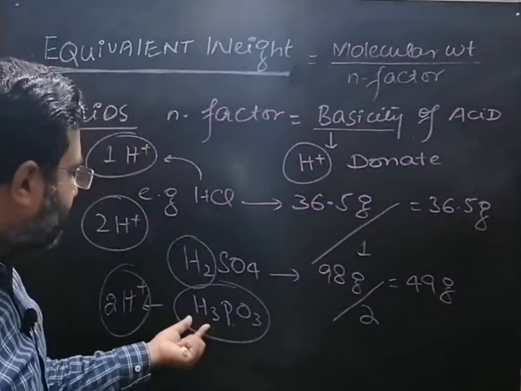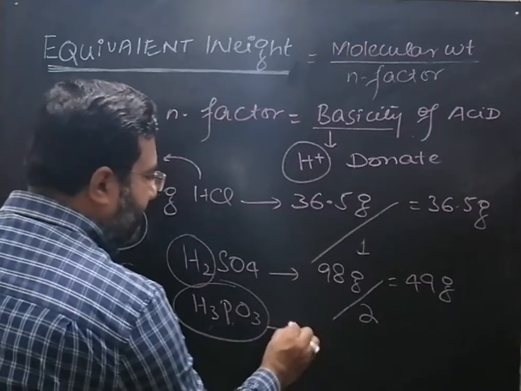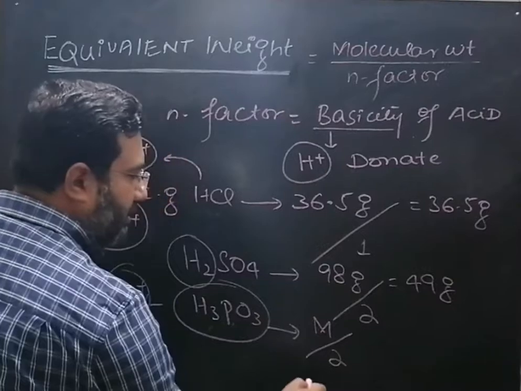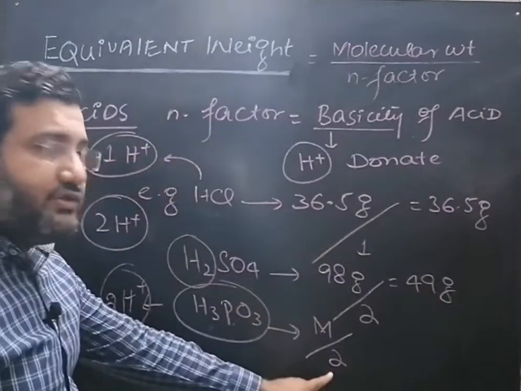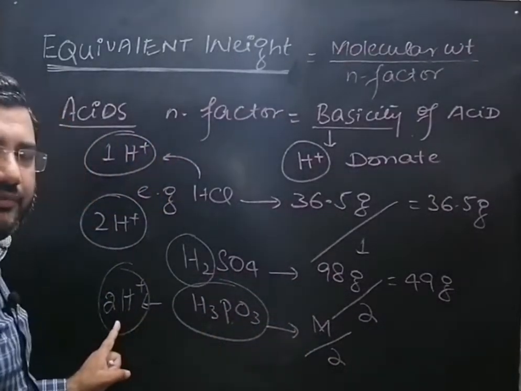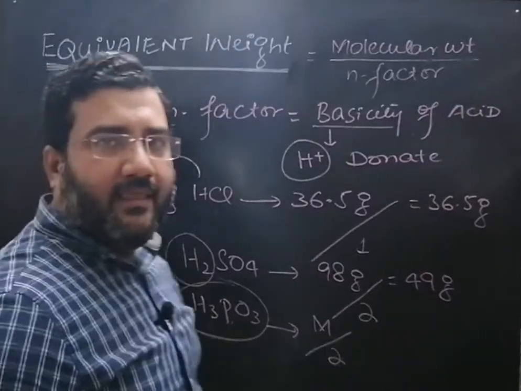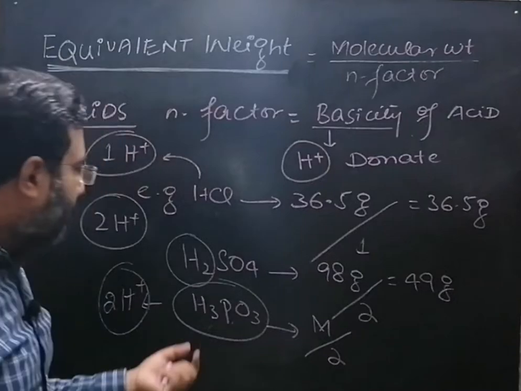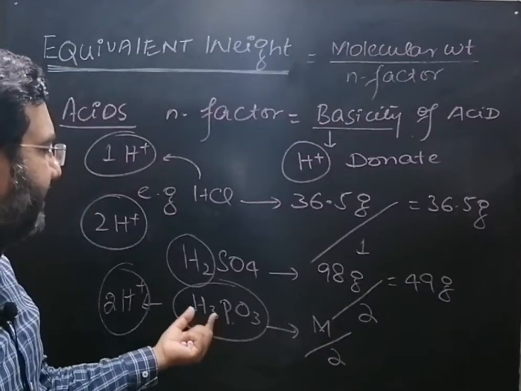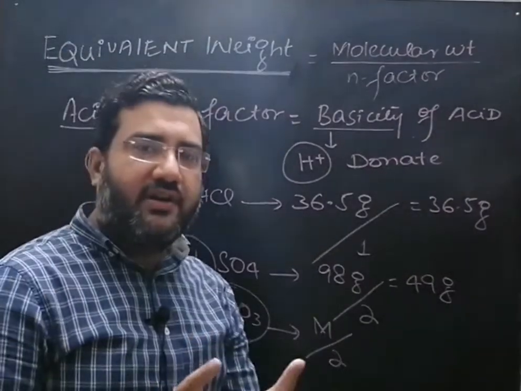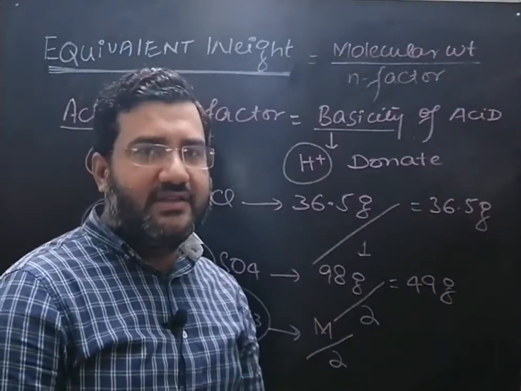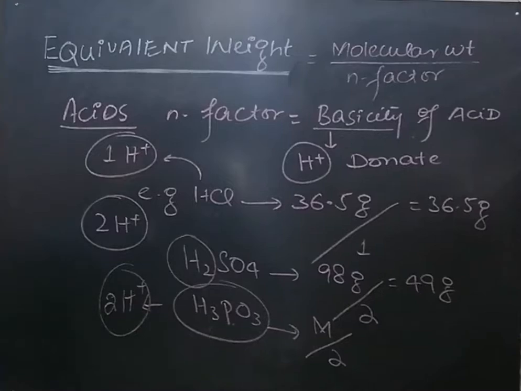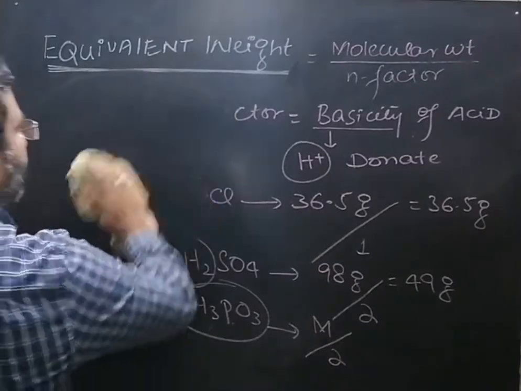Its equivalent weight will be its molecular weight divided by 2, not 3, because it has only 2 donatable protons. So in case of acids, you must look very carefully, since the total number of hydrogens may not be equal to the basicity. In this way, the equivalent weight of acids can be calculated.